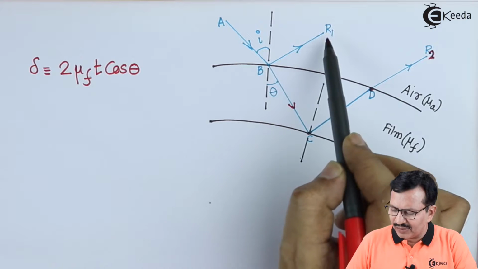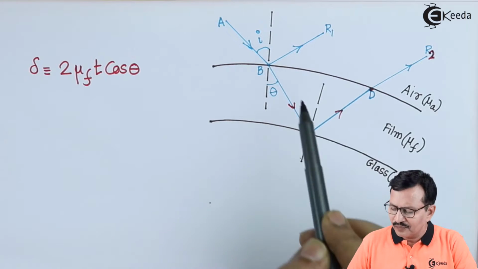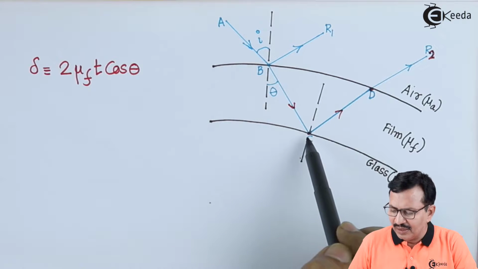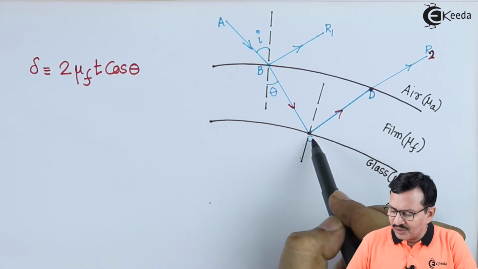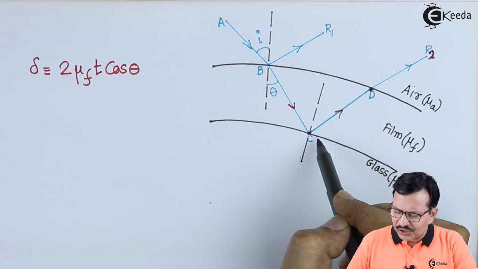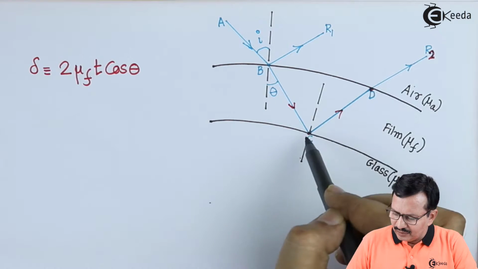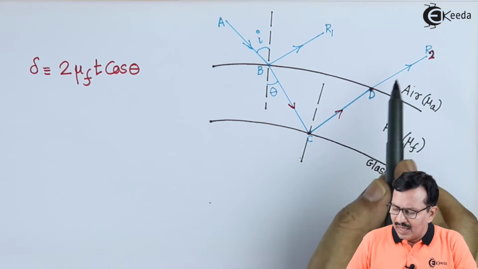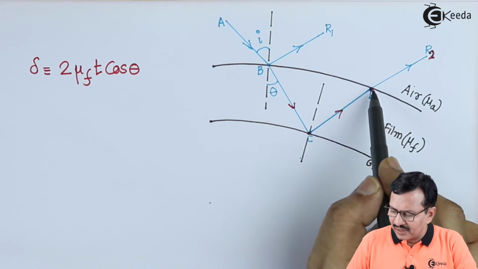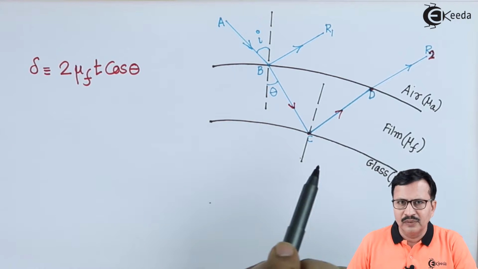First, there is going to be reflection in the direction BR1, and there is going to be a refraction in the direction BC. At the point C, once again, there is going to be a reflection in the direction of CD, and at D, there is going to be a refraction in the direction DR2.